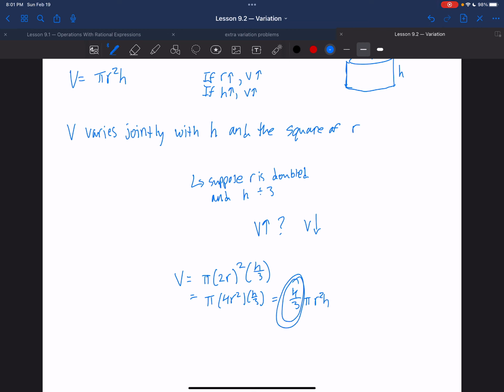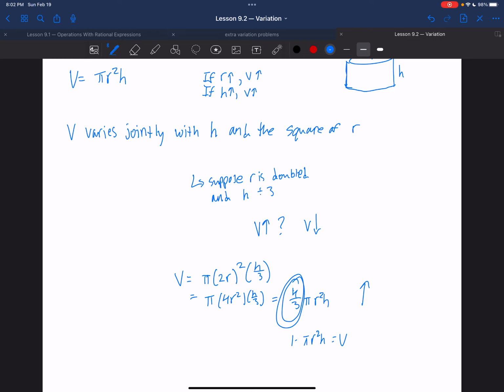This 4/3 is increasing your volume, because you're multiplying by a number more than 1 now. If you compare that to 1 times pi r squared h, which is the original volume, it's had a net increase.